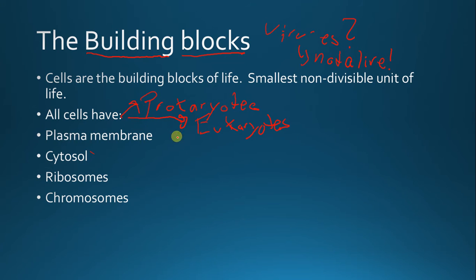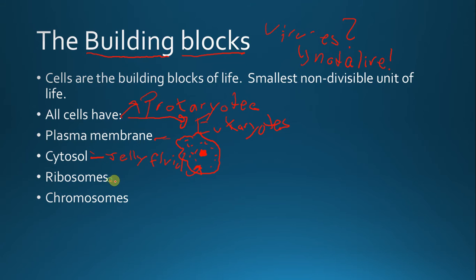There are some differences between them, but one of the main important things to remember is what's similar between all cellular life. All cellular life has a plasma membrane, that wavy sac that surrounds the cell and holds it in, kind of like the skin of a balloon. All cells have cytosol, that jelly-like fluid on the inside of the cells that all of the things on the inside of the cell are floating around in.